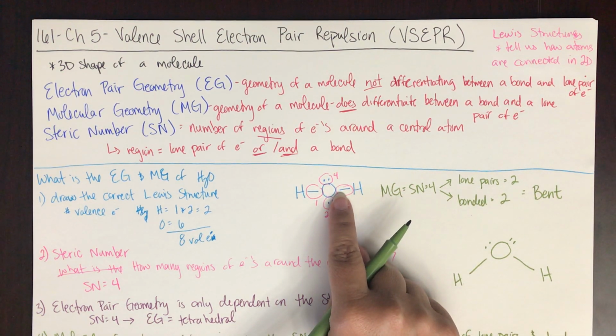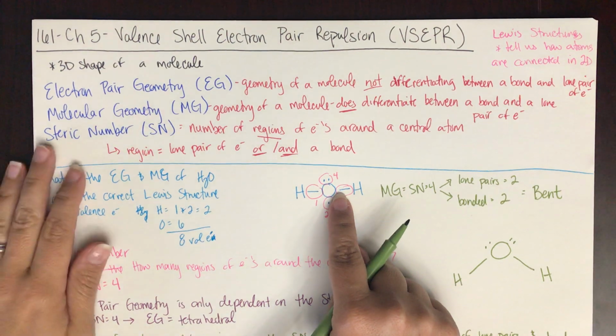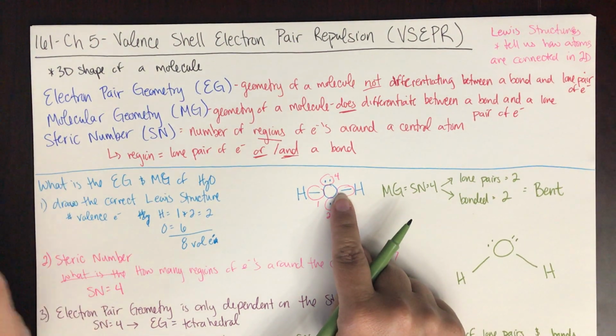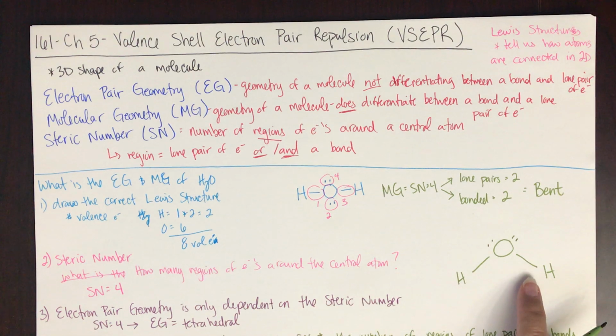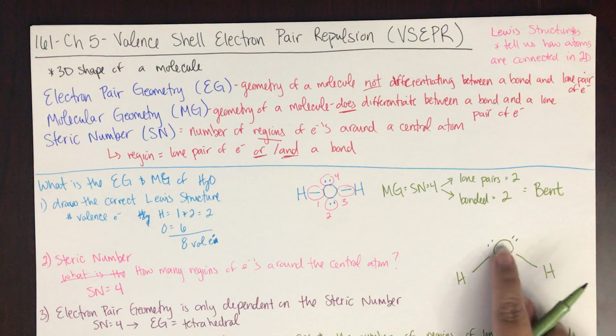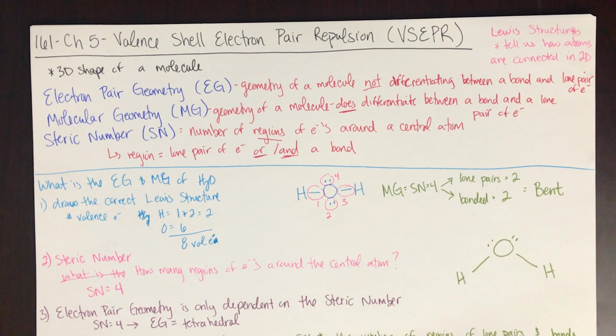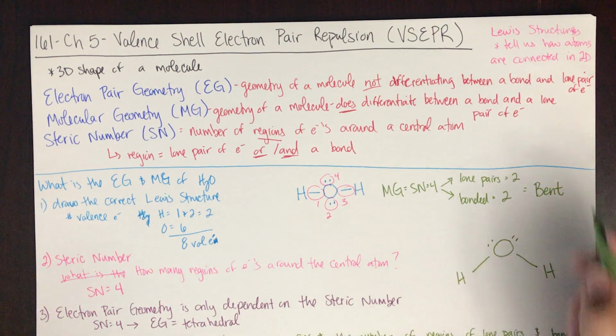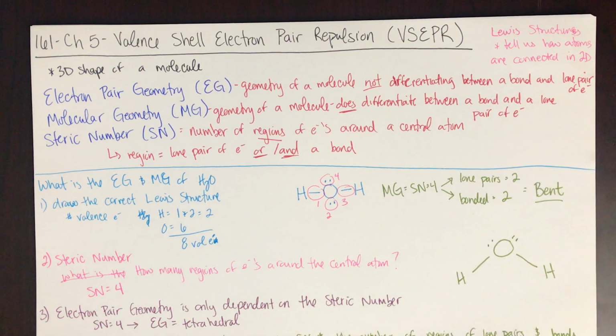Remember, this Lewis structure just tells us how these elements are attached to each other. It doesn't tell us anything about what it looks like in 3 dimensions. To know what it looks like in 3 dimensions, we need to take into account the steric number, and then for the molecular geometry, how many regions are lone pairs, how many regions are bonded. So this would have a molecular geometry of bent.